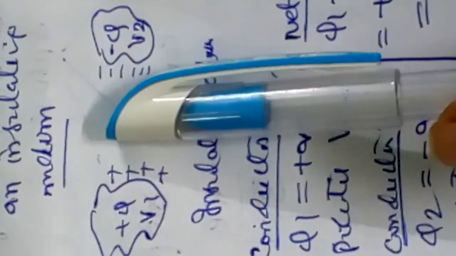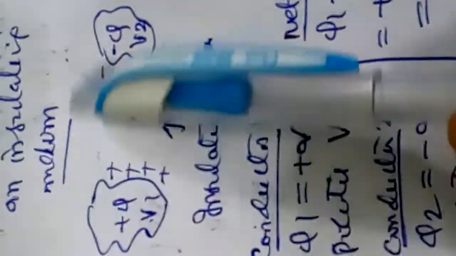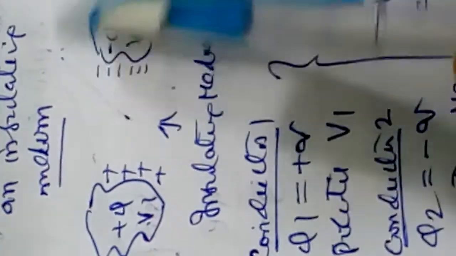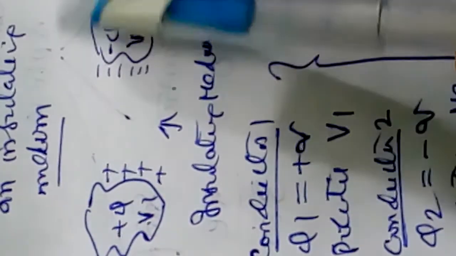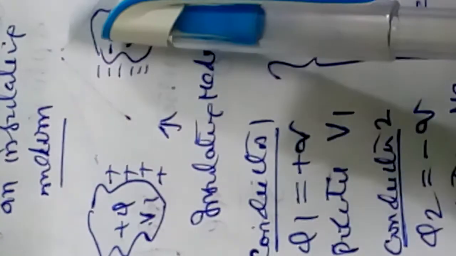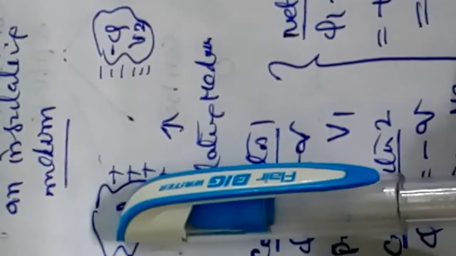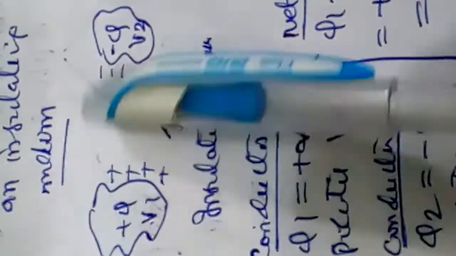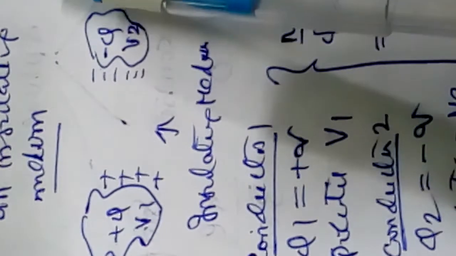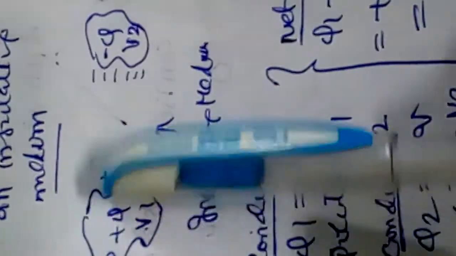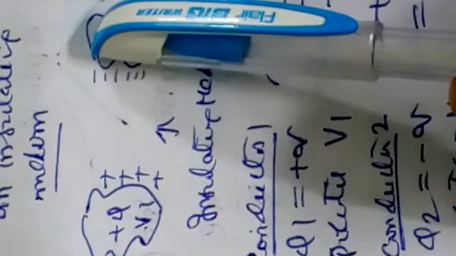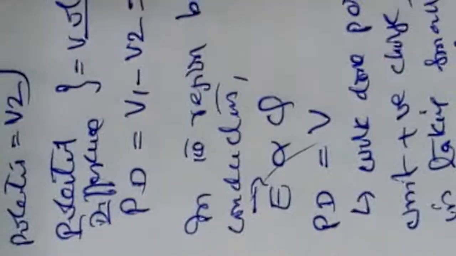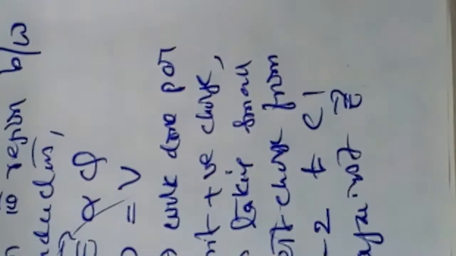This is the region between the conductors. So the field is acting like this. Against this field, if you bring another test charge and move it to this side, that means from C2 to C1, the work done per unit positive charge in bringing it from the second conductor to the first conductor, so that it is working against the field, is what is defined as the potential difference or voltage.